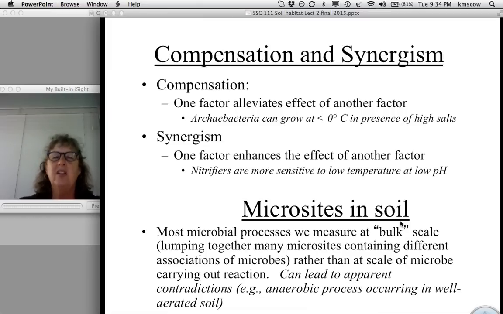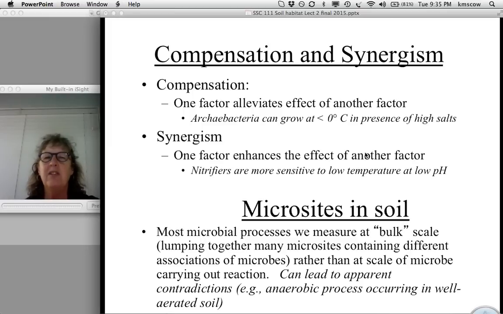Okay, and then just a couple of terms here: compensation and synergism. You never have just one kind of factor playing out at a time, or you rarely do. And so you can have these compensation reactions where one factor may alleviate the effect of another factor.